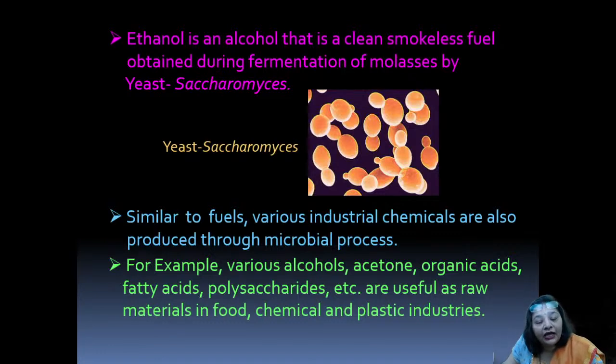Now let us see, similar to the fuels, various industrial chemicals are also produced through microbial processes, for example various alcohols, acetones, organic acids, fatty acids, polysaccharides, etc. These are useful as raw materials in food, chemical, as well as plastic industries.